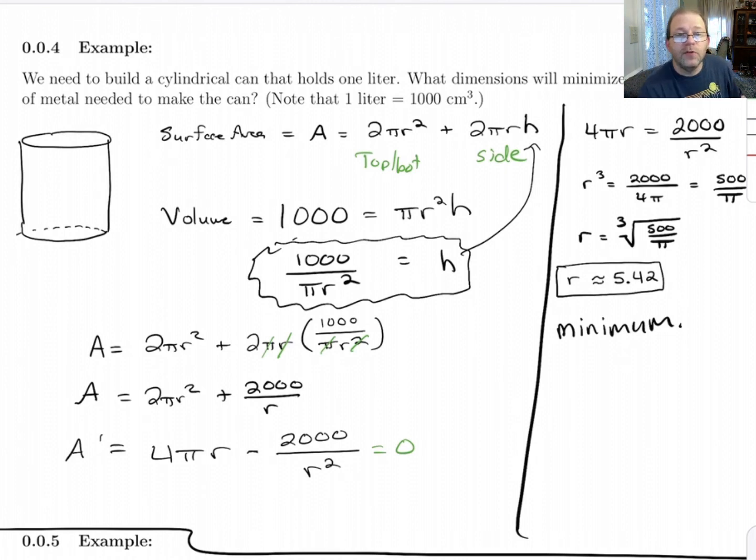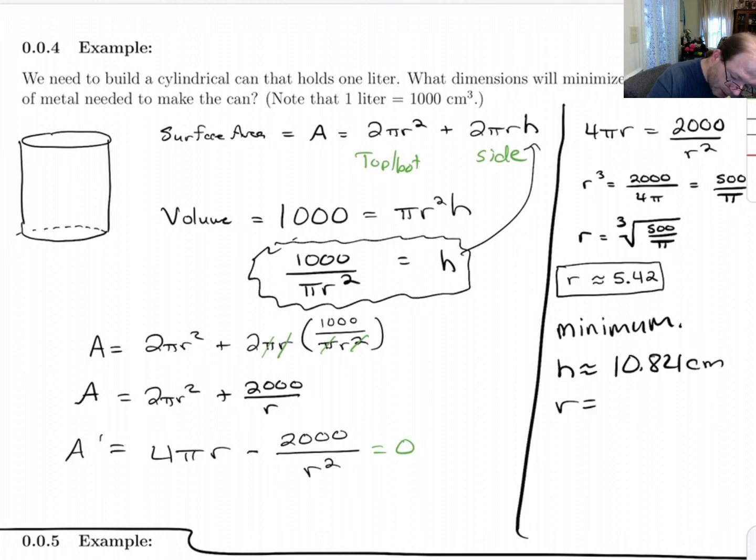I'm going to use all of them when I come up with my H. H is going to be approximately, let's see, I'm going to square that, multiply it by pi, take its reciprocal, then multiply by 1,000. That gives me an H of 10.84. And R, I'm just going to recopy it here, 5.42 centimeters.